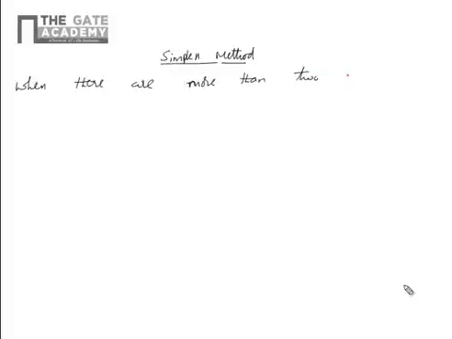Next is simplex method. So when there are more than two decision variables in the system, in the problem, then graphical method is difficult.